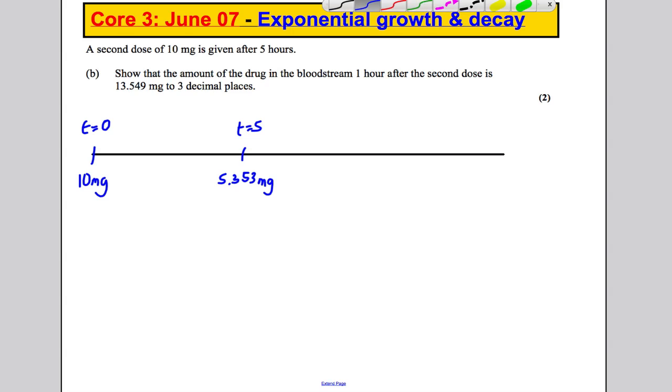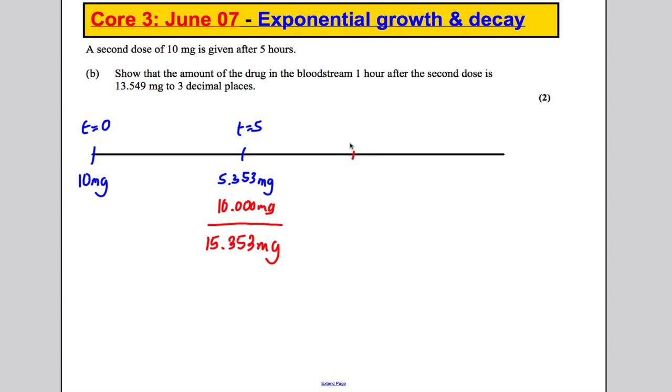Now this question is saying at that point, another 10 milligrams is added. So in total, you would have in your bloodstream 15.353 milligrams at this point.